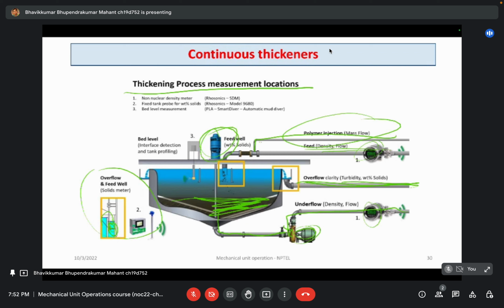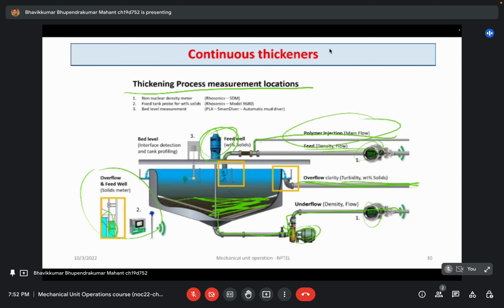We will not discuss in much detail how the thickener design process works. There are many more concepts which were already taught by the professors, but we just take care of the thickening process for clarification and classification. There is a classification section as well as a clarification section in this chapter.